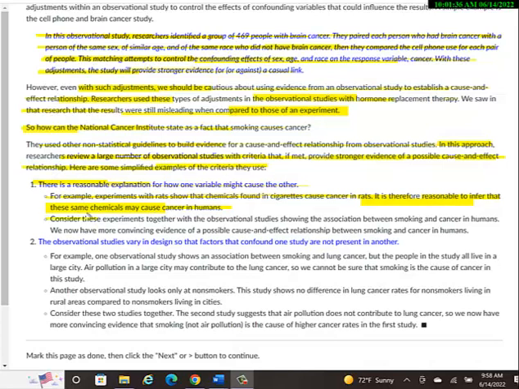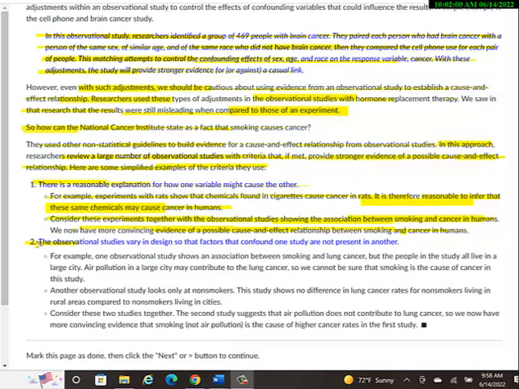Consider these experiments together with the observational studies showing the association between smoking and cancer in humans. We now have more convincing evidence of a possible cause and effect between smoking and cancer in humans. A lot of times if something's unethical to do to a group of humans, they might do it to a rat or some primate instead.